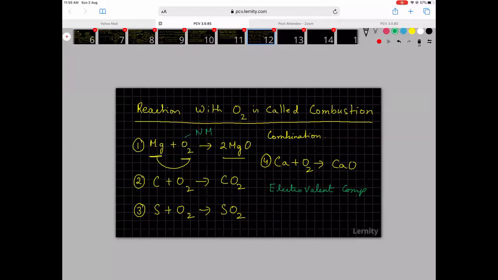Here you have magnesium, which is a metal, and calcium, which is also a metal. So metals react with non-metals to form electrovalent compounds. So examples 1 and 4 will form electrovalent compounds, and examples 2 and 3 will form covalent compounds. Do we understand?